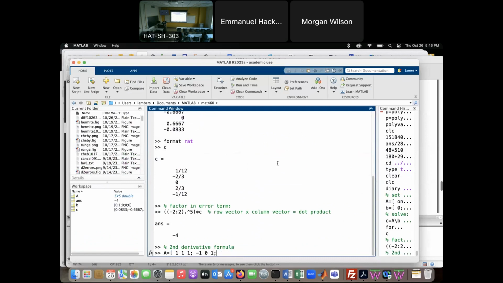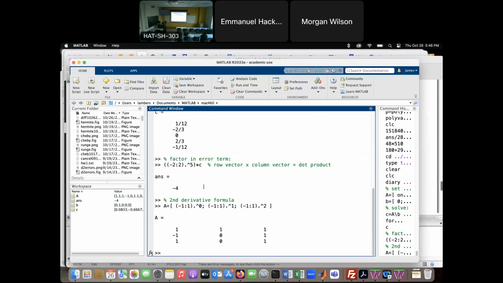Right, well, really this would be minus 1 to 1 raised to the 0 power, minus 1 to 1 raised to the first power, minus 1 to 1 raised to the second power, and that's the matrix. And then my right-hand side would be a vector of all zeros except for a 2 in the third position. That's what you always use for second derivative. It's the order of derivative factorial, and whatever the order is plus 1 is the position that it goes in.